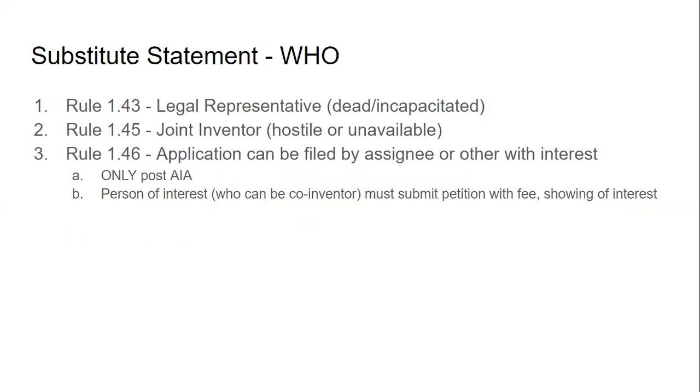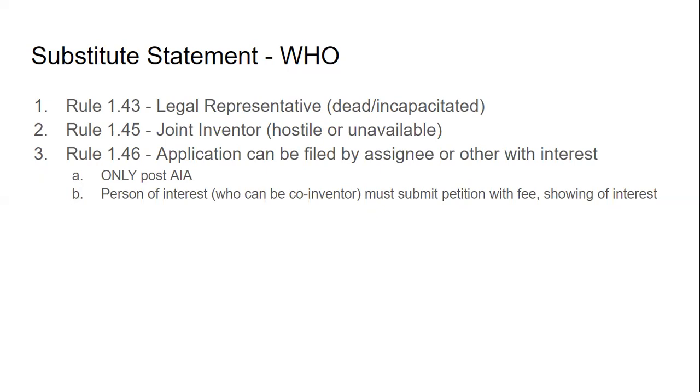So then as far as who signs, these are, I think, some good bright line rules to follow. Under 1.43, a legal representative would sign in the case of a dead or incapacitated inventor. So whoever is controlling the will, or an heir, is basically whoever is taking the place legally of that person after they've died, or has been appointed to take care of their affairs.